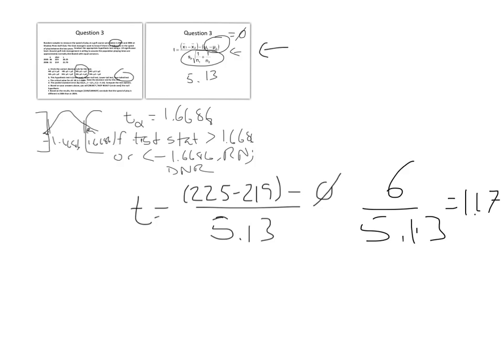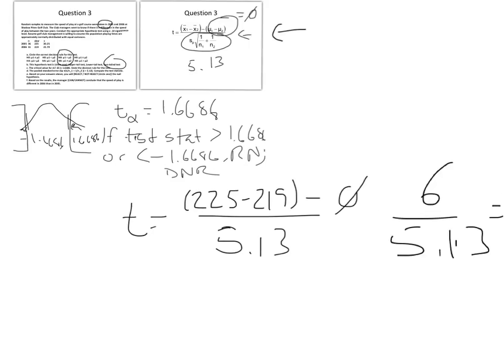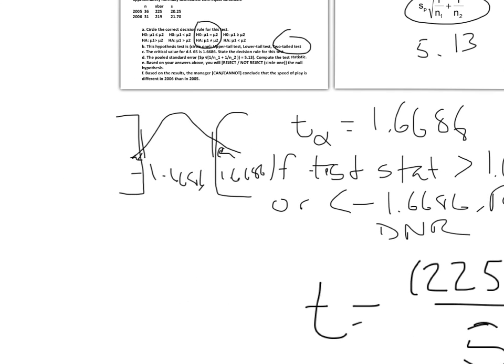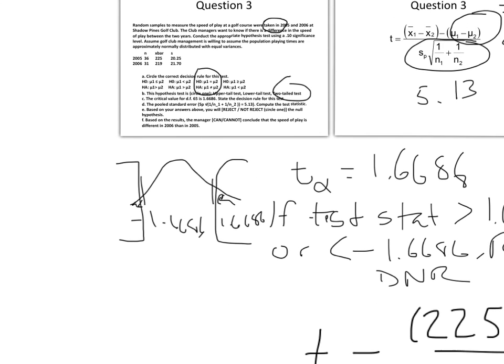So then, based on our decision rule, which was if the test stat is greater than 1.6686, we would reject the null, or less than negative 1.6686, we would reject the null. In this case, we are somewhere in between, right? So we were at 1.17, so somewhere on this part of the curve here.